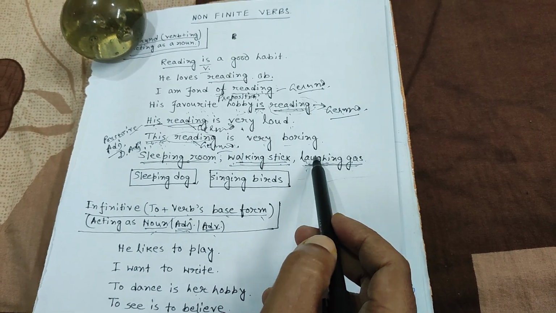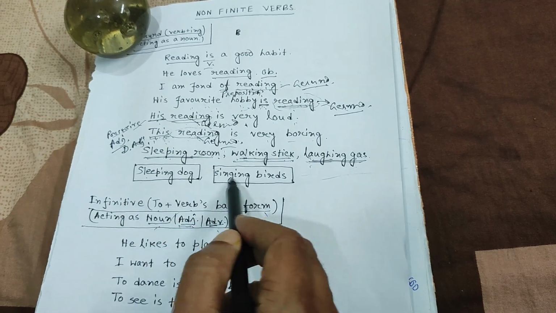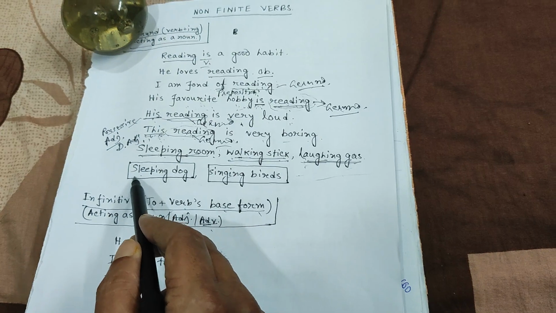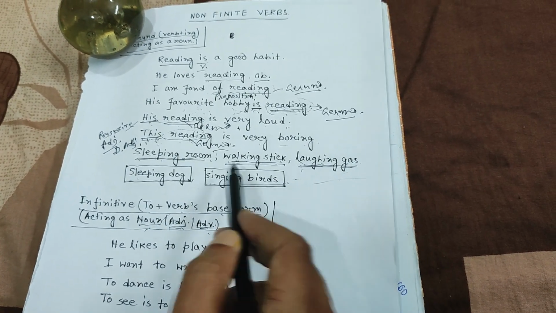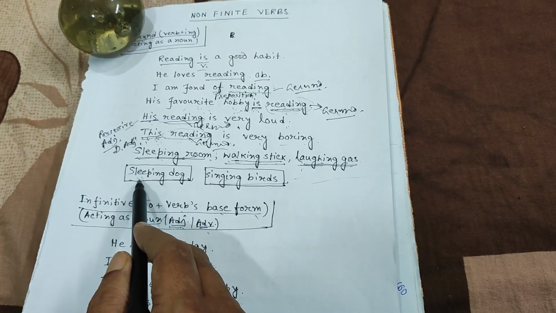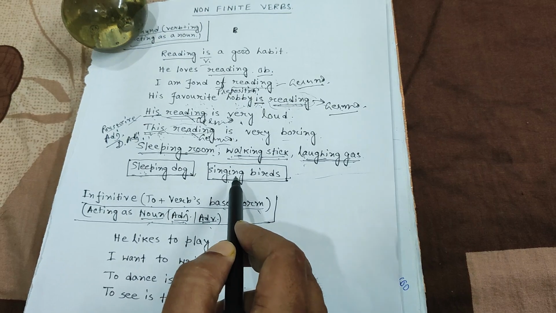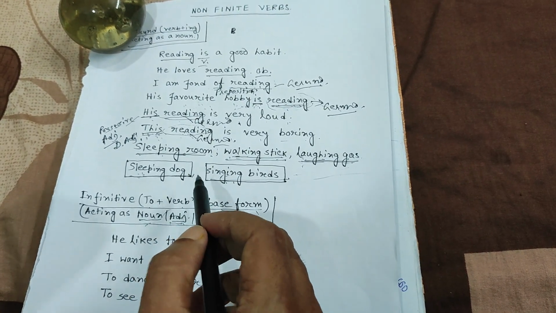But be very careful about these kinds of words that are written next. Sleeping dog, singing birds. Here sleeping is not a gerund, here singing is not a gerund. Let it be very carefully understood.